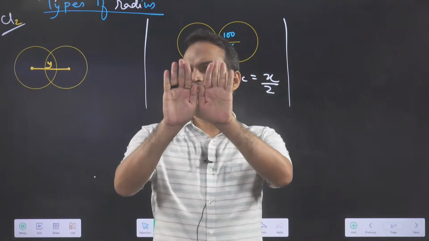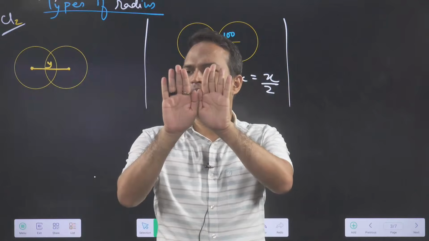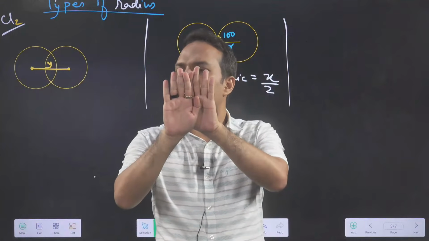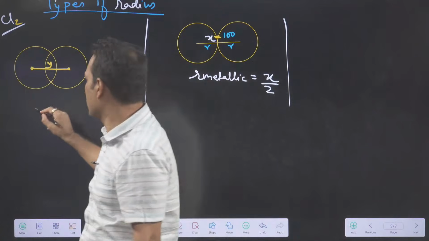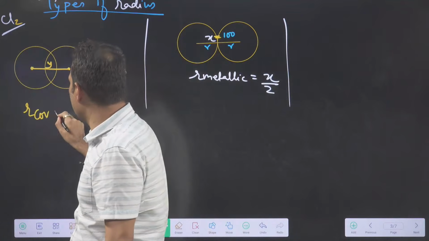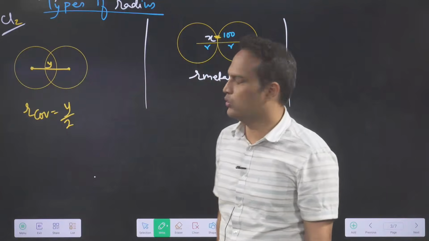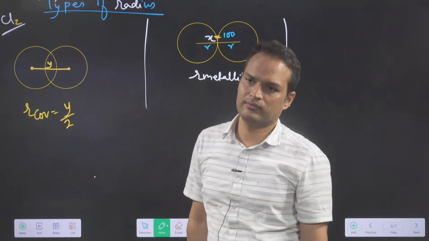Touching each other, the center to center distance is 100, but with overlapping the internuclear distance will decrease. Correct. So this value is less than 100, and covalent radius equals y by 2. Assume y is 90, then this value will come to 45.